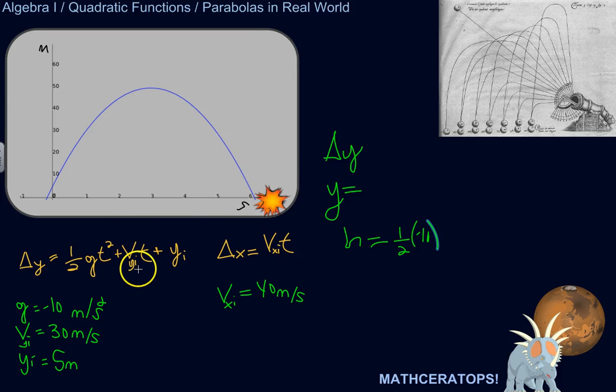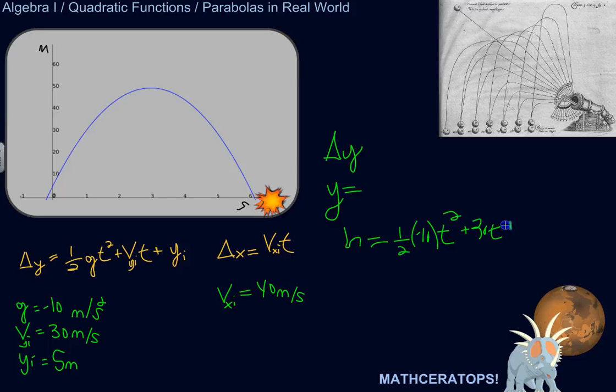I'm just going to call that t. This is going to be a function of t, so we'll be able to plug in any time, like 2 seconds, 3 seconds, 4 seconds, plus my initial velocity, which is 30 meters per second times time, plus my initial height, so however far up I started. In this case, I'm just arbitrarily saying, let's pretend we're on a hill that's 5 meters high. So we're going to say plus 5 meters.